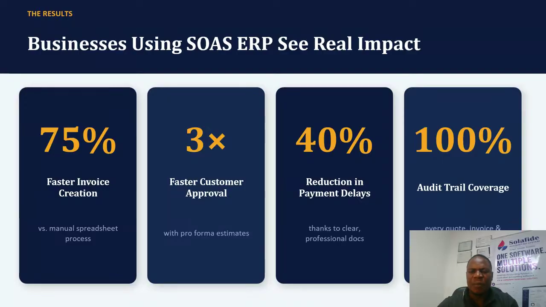So faster customer approval process. You see it's very clean and explicit. You see reduction in payment delays because terms and conditions were pre-documented and agreed upon. And 100% audit trail, which means anything that happens along the line can be traced. When did we receive this money, who received it, and how did that transaction happen?